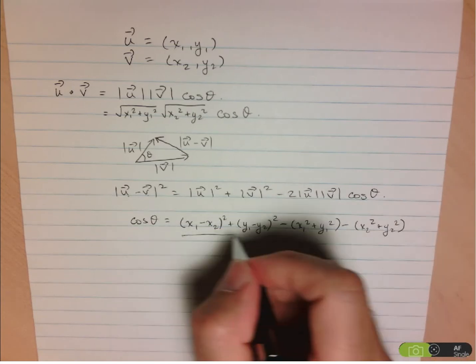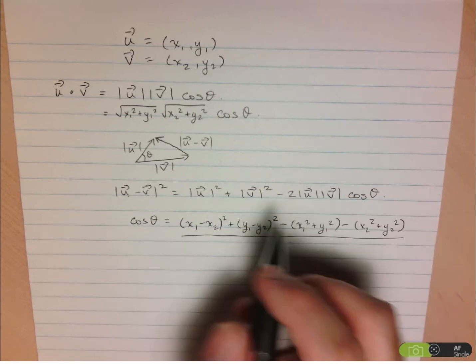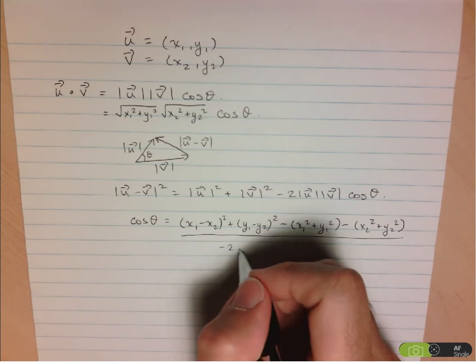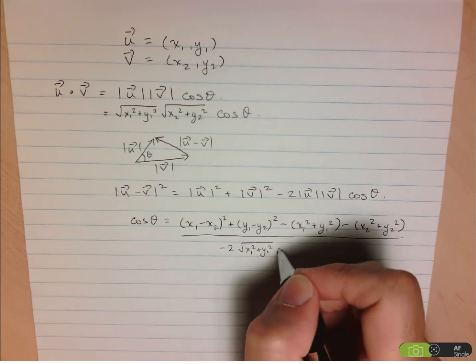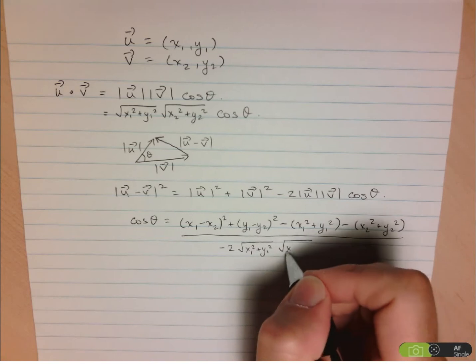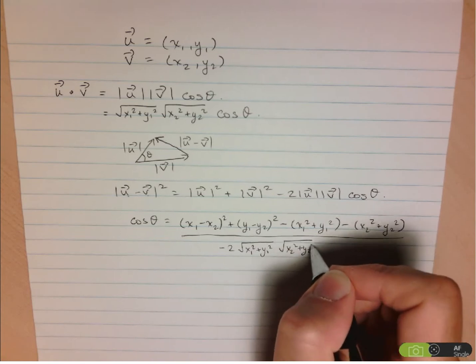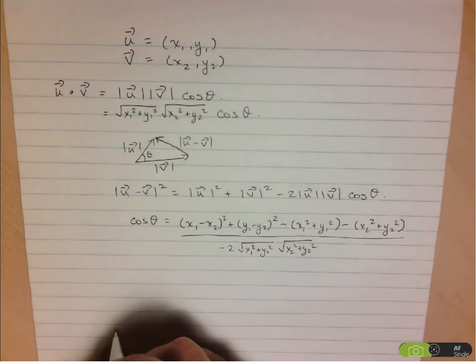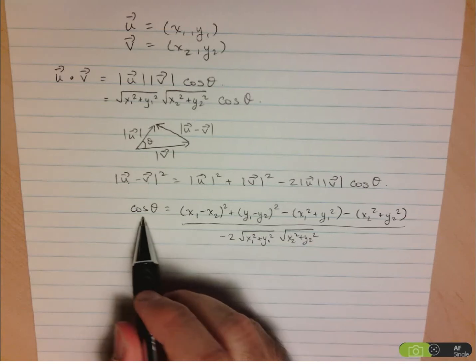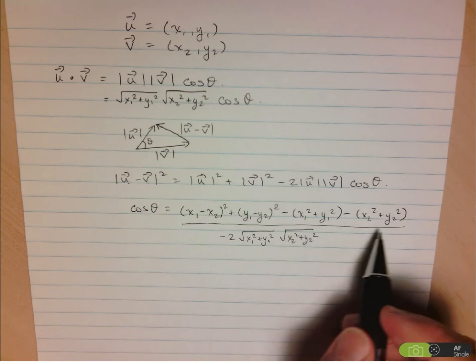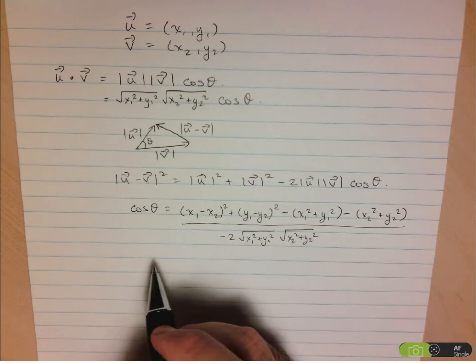Okay, and then we'll divide that whole thing by -2 times magnitude of u times magnitude of v. Okay. So this is our expression for cosine of theta, and we've accomplished what we needed to do. We've written cosine theta in terms of the components of the two vectors.